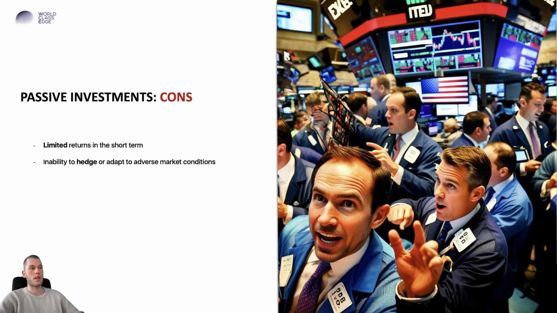You have less ability to hedge or adapt to adverse market conditions when you do passive investment. Of course, you can hedge, but this impact is going to be way less. And the possibility to adapt to adverse market conditions, for example, when there's a big COVID crash or oil prices went negative, is more unlikely because you're not as deep into the topics or into the markets, or into the things that happen.